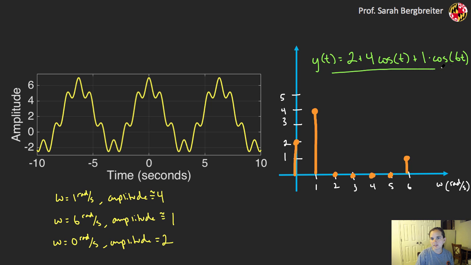Right? And this is my estimate for what this signal actually is, and I did that by estimating frequency content in this signal and amplitude of those respective frequencies in the signal, sketching my amplitude spectrum plot, and then pulling out the equation from there.